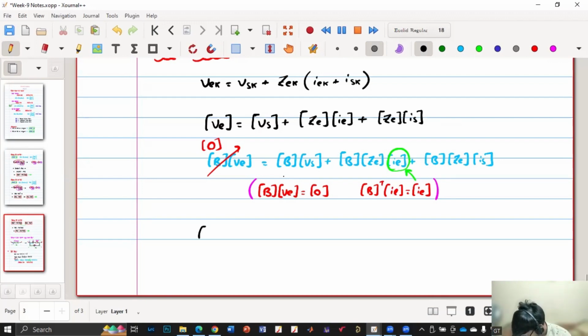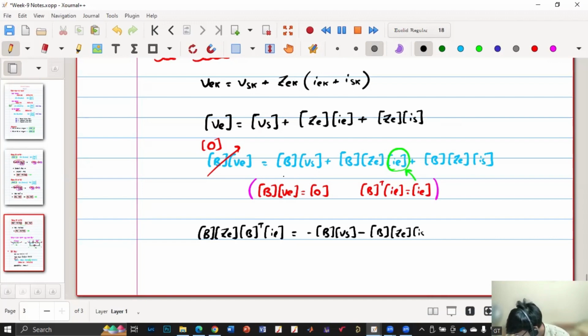I will get B matrix into ZE matrix into B transpose matrix into IL, the fundamental loop currents, is equal to minus B into Vs minus B into ZE into Is.